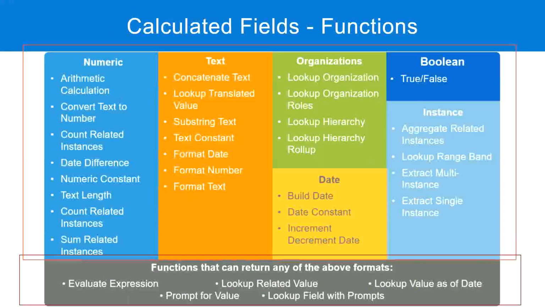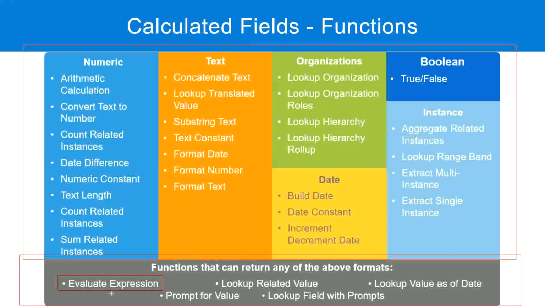Okay. So when we create those calculations, we have to define, okay, what will be my output type? Am I looking for a Boolean? So yes, an evaluate expression field can be configured to return a Boolean, okay. Let's say, I want a number. So evaluate expression can be used to return a number.